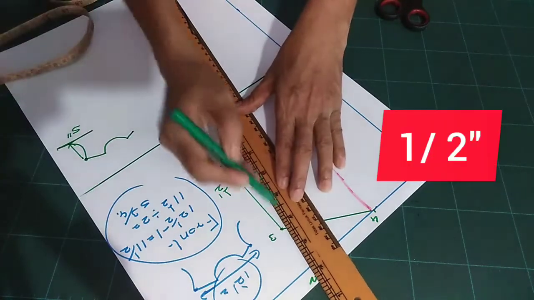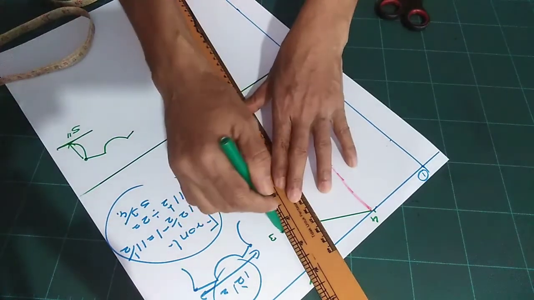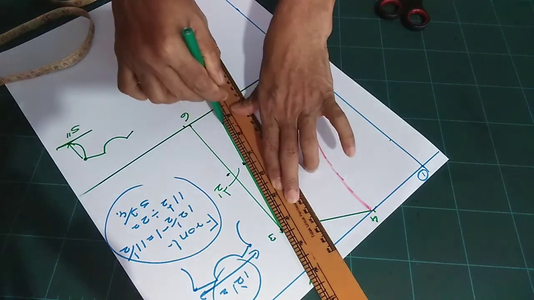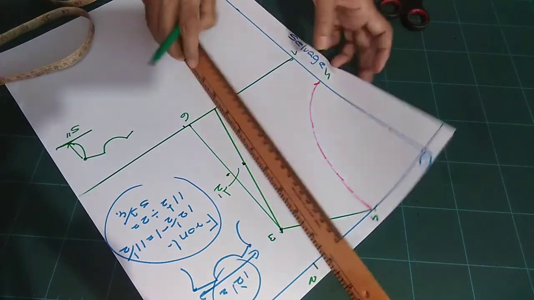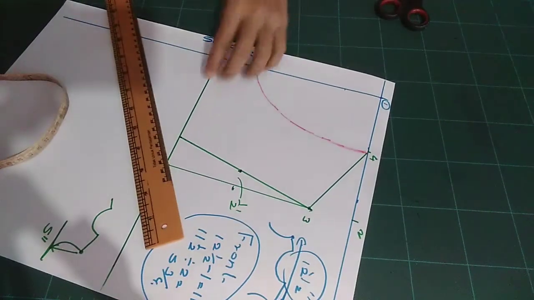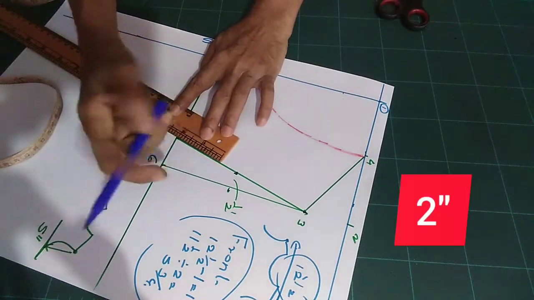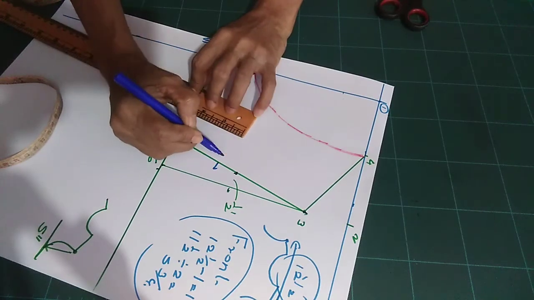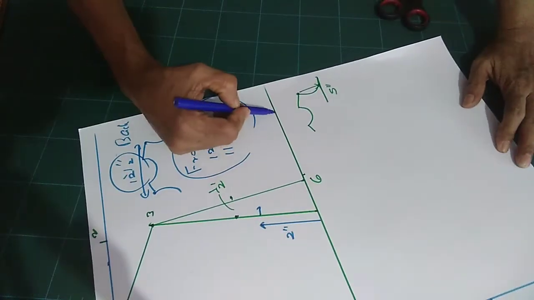I connect this point to number 3 and I extend it to the armhole line. Okay, I measure 2 inches from this line, 2 inches. I'll draw the front armhole line like this.